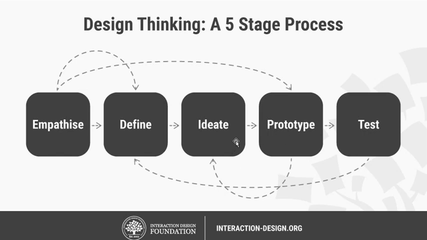Iterative means you can go back to the previous stage to improve. For example, you have come to the prototype stage. Okay, you have made the prototype, then you see there is something that you need to improve in your prototype stage, then you go back to ideate, then go again for the second time to prototype, and then finally the test.